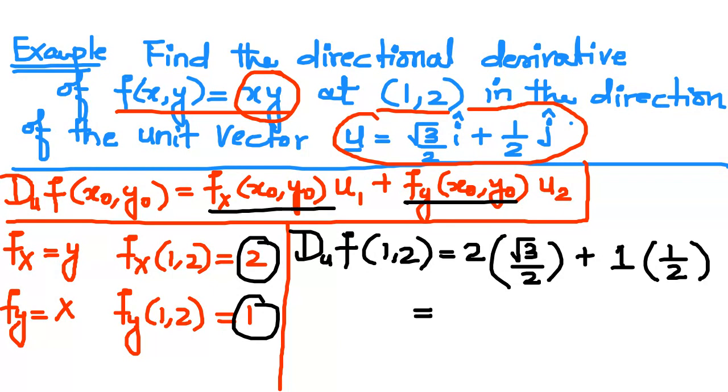So simplify, you will get this 2 cancels with this one, square root of 3 plus 1, divided by 2. So this is the directional derivative. Okay, is this clear?